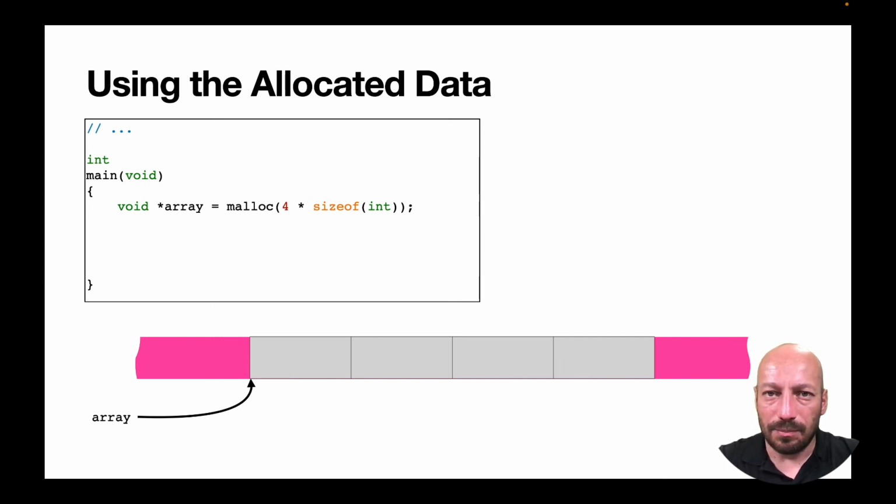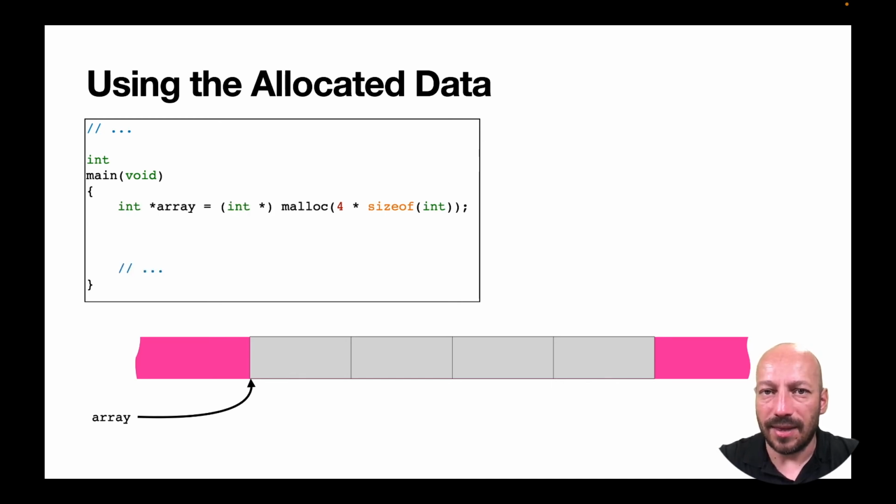And here in this example, I already allocated memory for 4 integers. And of course, I want to use it as an array of 4 integers. And in order to do that, I somehow have to dereference this pointer so that I can write something to this memory block. And in order to do that, I first have to convert this result from malloc, this void pointer, into an integer pointer in this case.